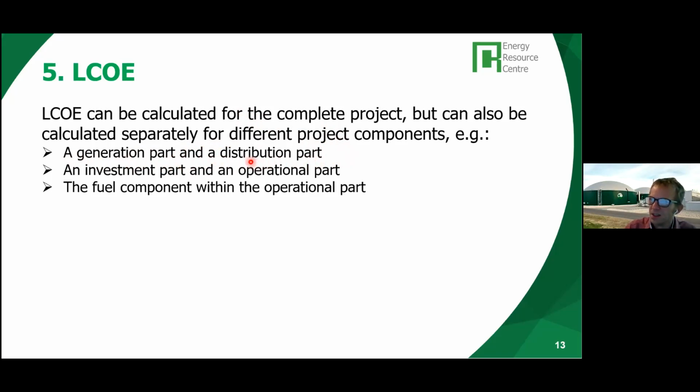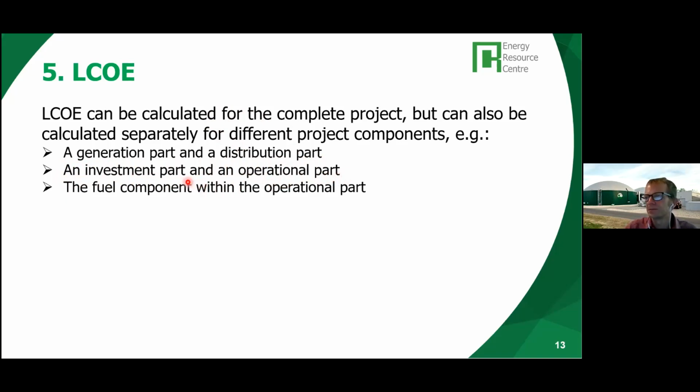You can see what is the contribution of the distribution cost to the total levelized cost. At the same time, you can have a look at what is the influence of the capital investment in the total cost, and what is the part of the operating cost.